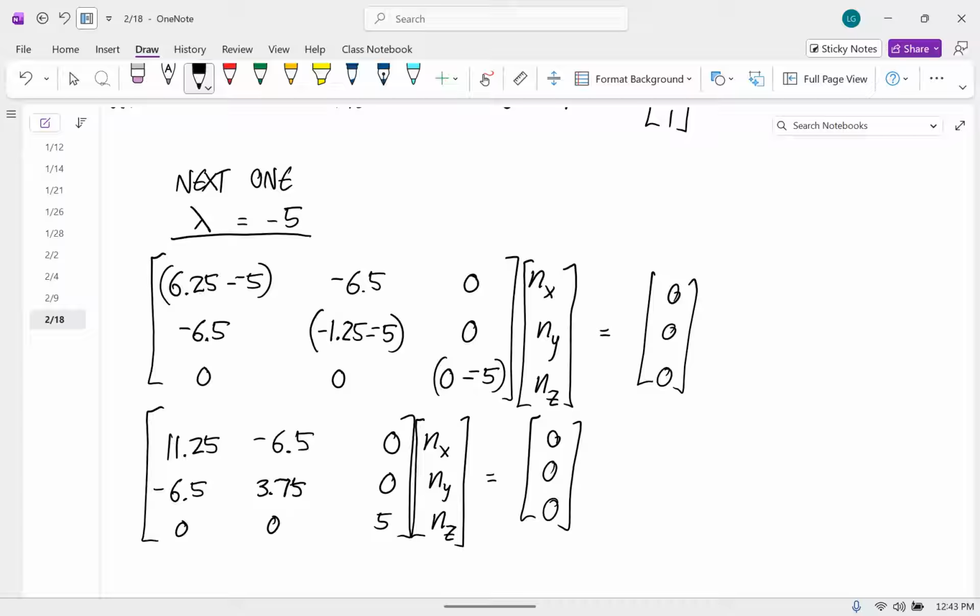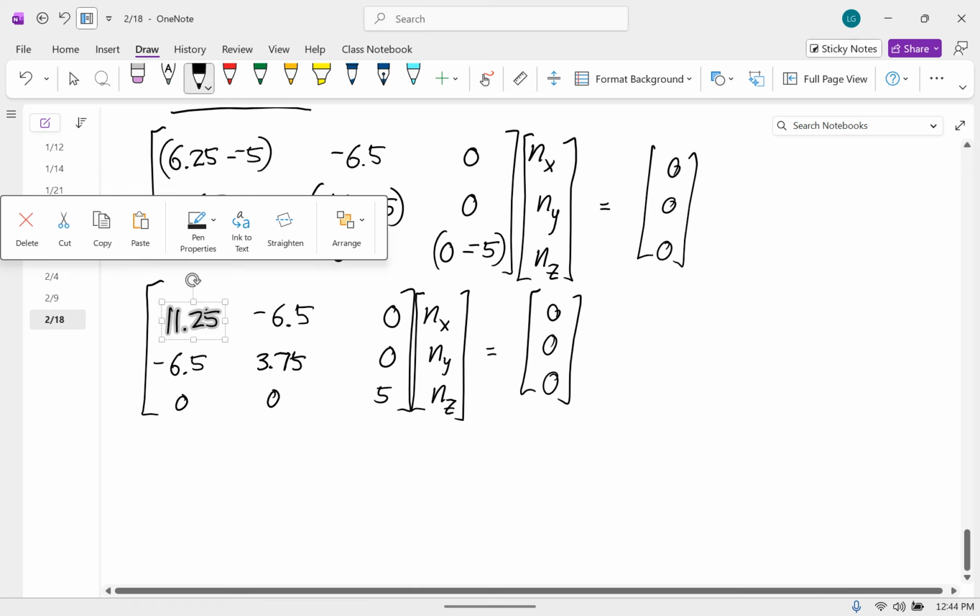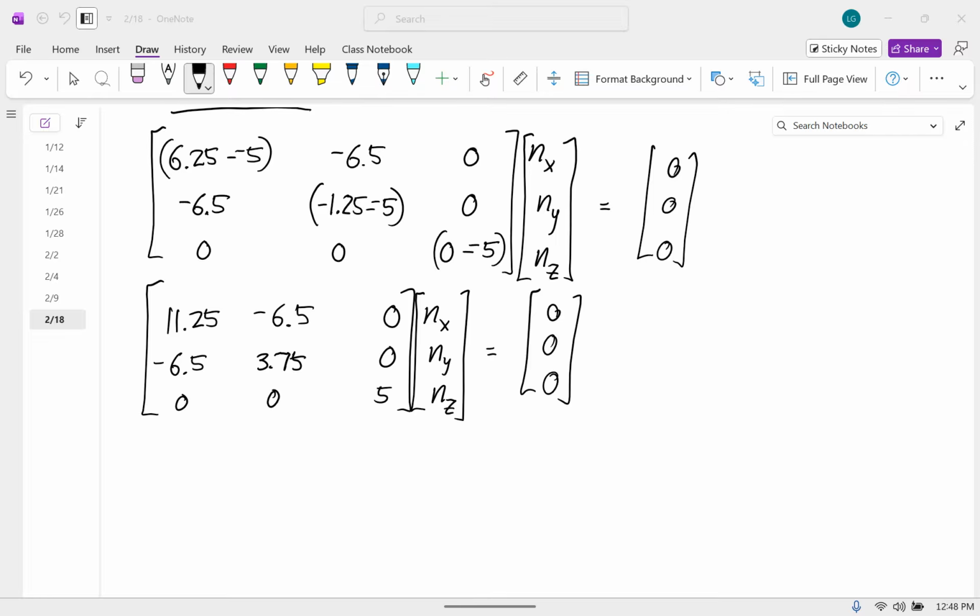Okay, so take a couple minutes and see if you can figure out a unit vector nx, ny, nz that solves this. Go through it. I got an answer.